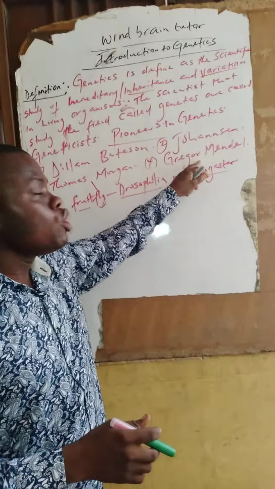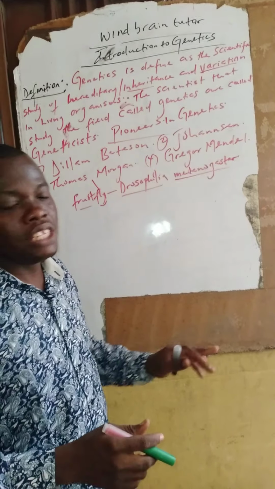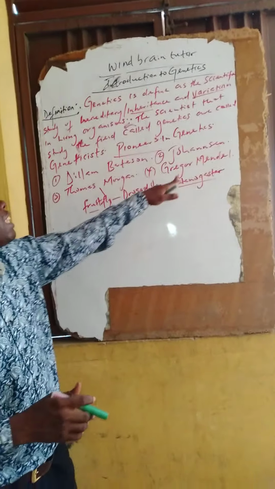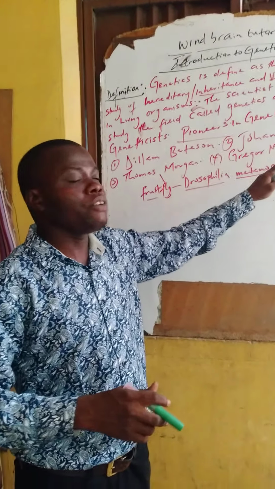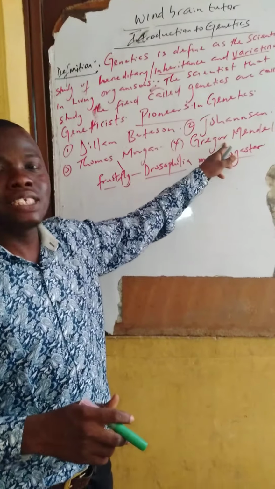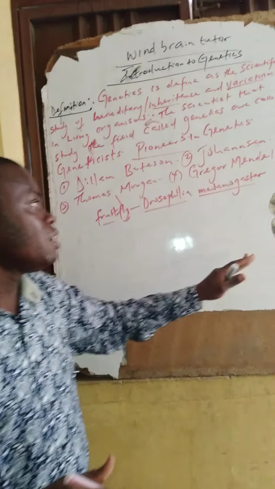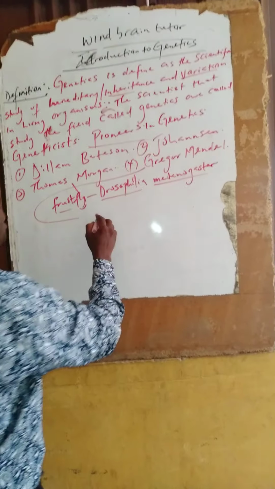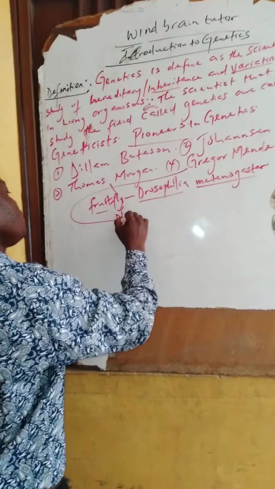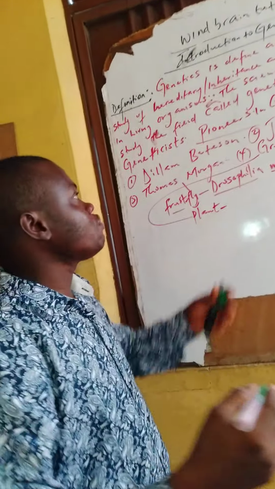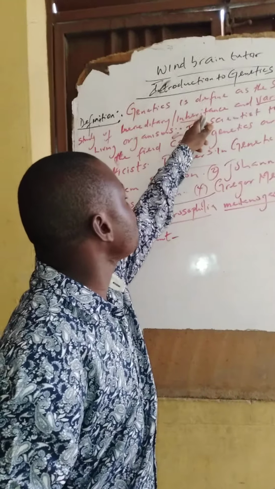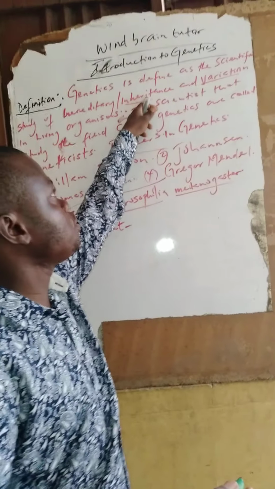Then this man too is a prominent man in the field of genetics because he is regarded as the father of genetics, and he is the one that laid down the basic laws of genetics. This man is called Gregor Mendel, and an important emphasis here is that he used a particular plant to perform his experiment, to find out why people are similar, why they inherit something from their species, and why they are also different.